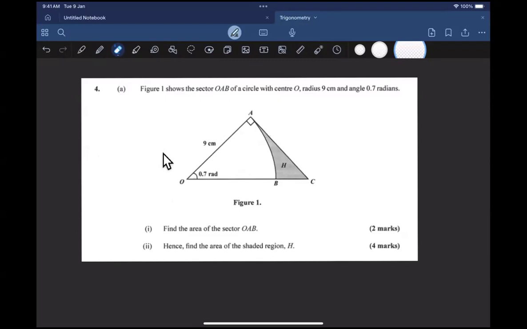Do I know what the radius is? What is the radius? Would it be 9? Yes, it's 9. What is the angle? 0.7 radians. And the calculator has to be in what mode? Radians. Nice, you're thinking.